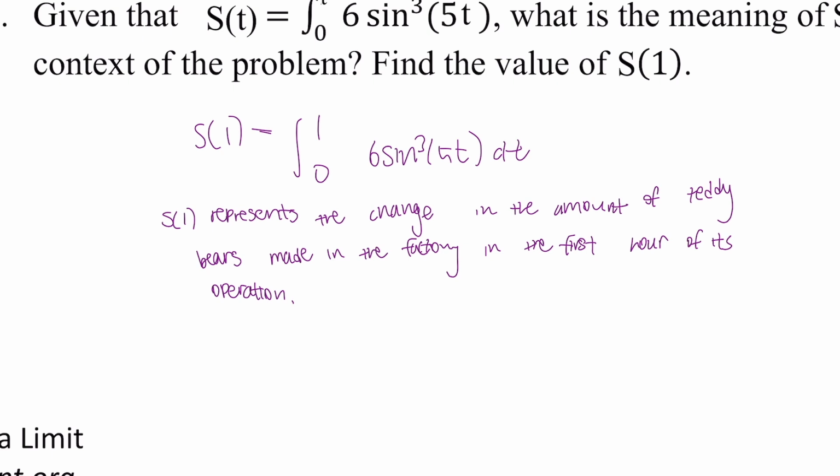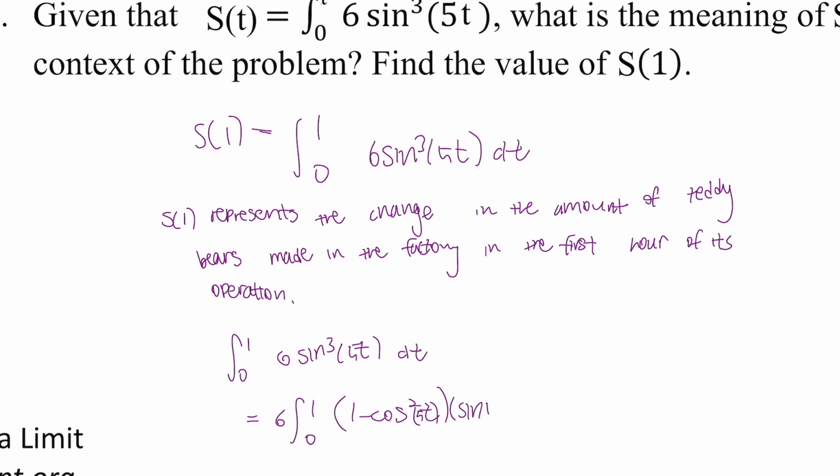So the integral from 0 to 1 of 6 sine to the third 5t dt is equal to 6 times the integral from 0 to 1 of 1 minus cosine squared 5t, times sine 5t.